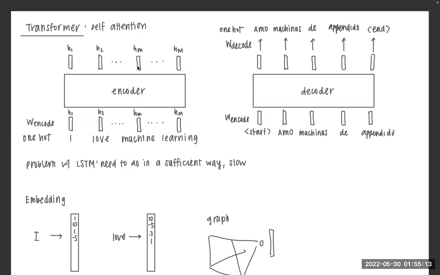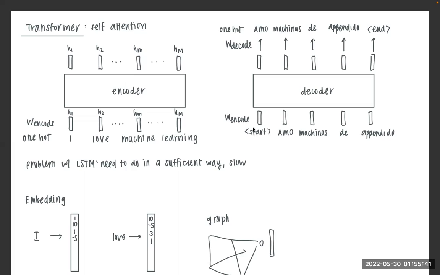So each vector actually encodes the whole sentence in some sense from the perspective of this particular word. So at least those vectors are contextualized. So you pay attention to the context. And then you have this final layer of vectors after this process. So this is the encoding part.